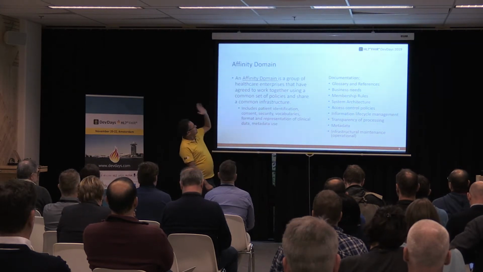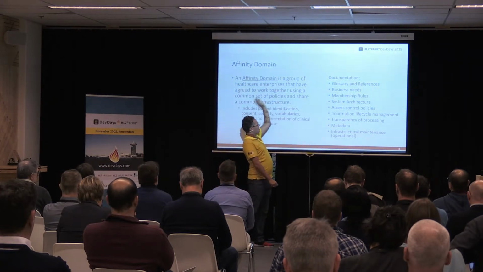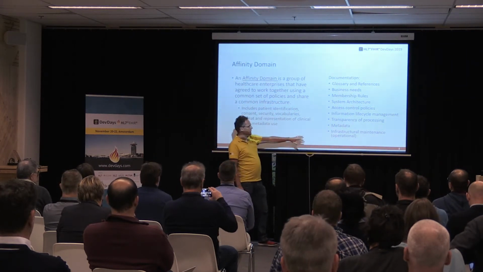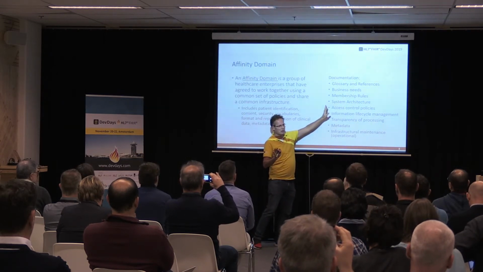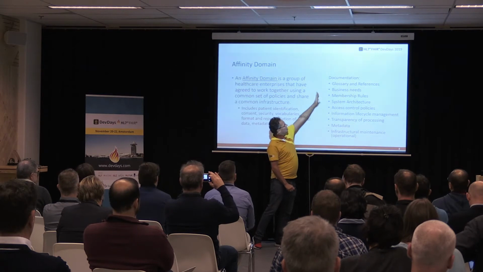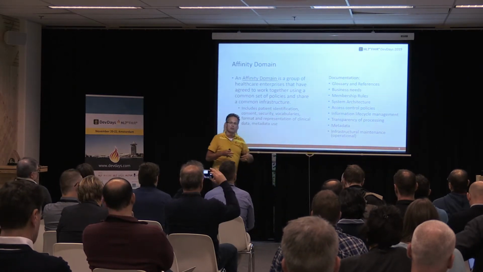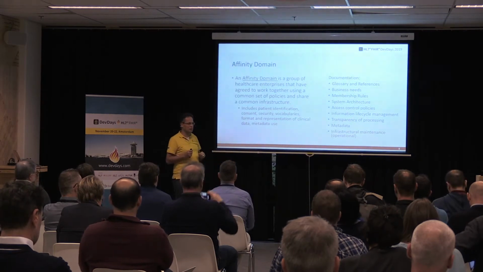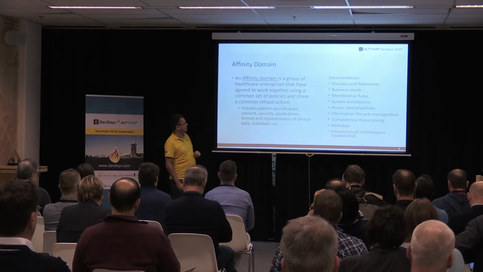Okay? So we see in an affinity domain a group of organizations or systems that has shared policies, and typically in an affinity domain, a healthcare region, typically when we look at current XDS deployment, they will have to define all sorts of things to document their own affinity domain rules, the policies, the applicable legislation, etc.